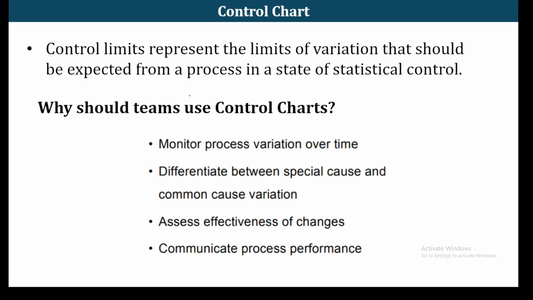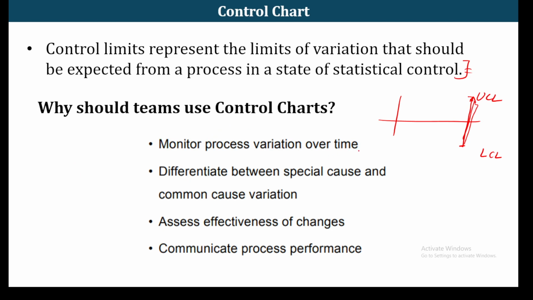Control limits represent the limit of variation that should be expected from a process in a state of statistical control. This is the lower control limit, this is the upper control limit, and this is the range, or variation. So why should a team use a control chart?